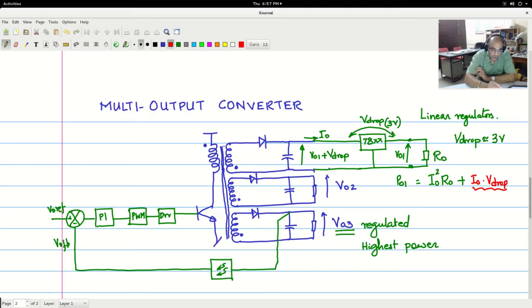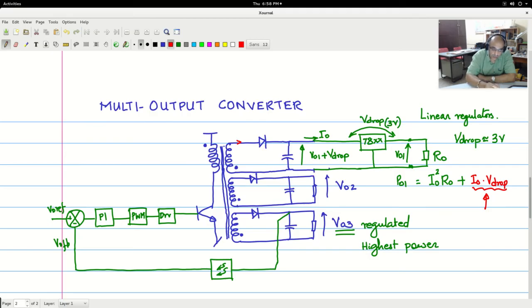So the current carrying capability and the size of the core may slightly increase because of this. If one uses a low dropout regulator, V drop can be as low as 0.5 volts, and you will have very less dissipation and dropout there, and you will not lose out much on the size of the transformer core.